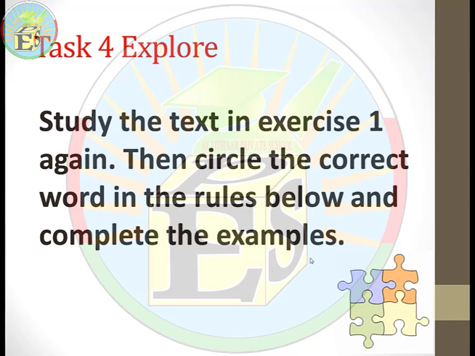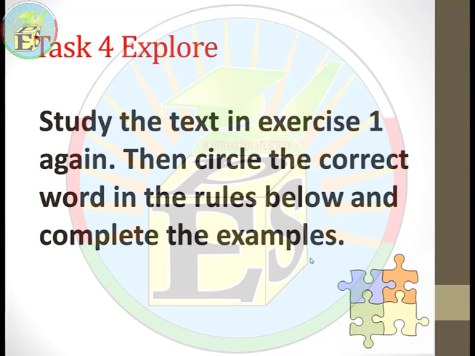Okay, so before we move to the text in exercise number 1, let's read the learn this box that we have. And here we have 2 main examples. The first one is we use a or an or the when we mention something for the first time.